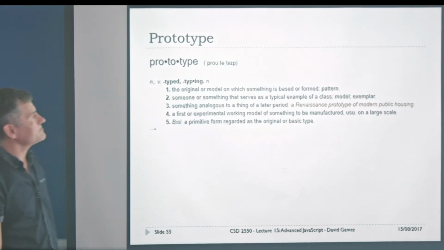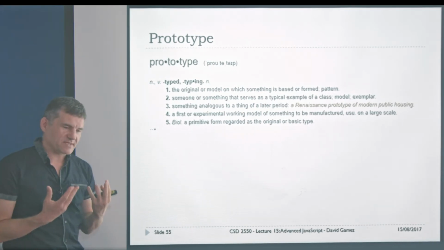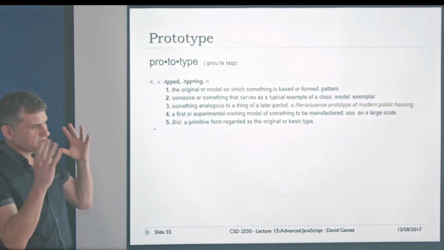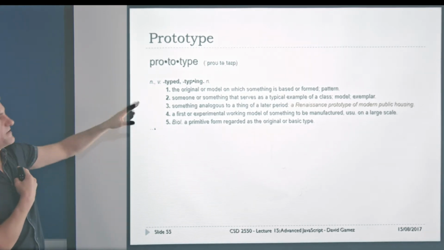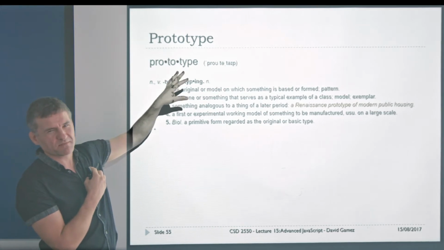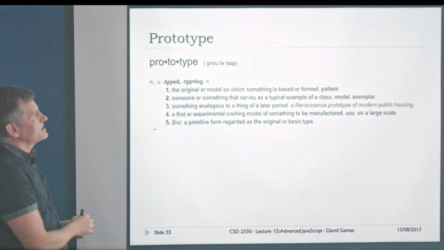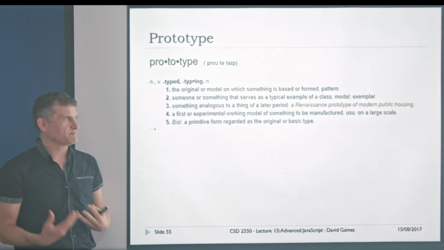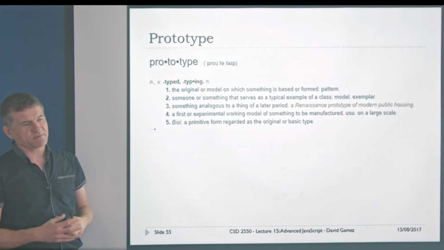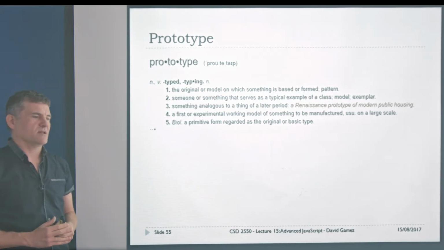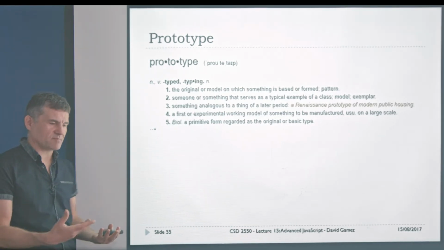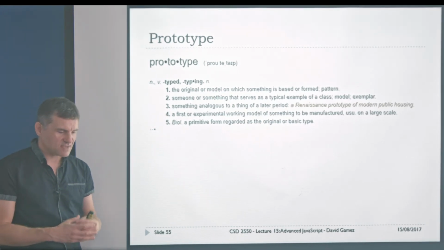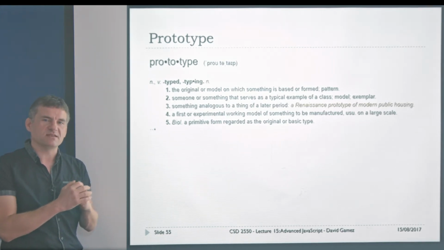Now, when you're thinking about prototypes, they can get a bit confusing. I won't deny it, but it might reduce that confusion if you think about the meaning of the word prototype. It's defined as the original or model on which something is based. It can also mean, if you're designing a new product, a prototype, which is more like a rough sketch, and that corresponds to the meaning to some extent.